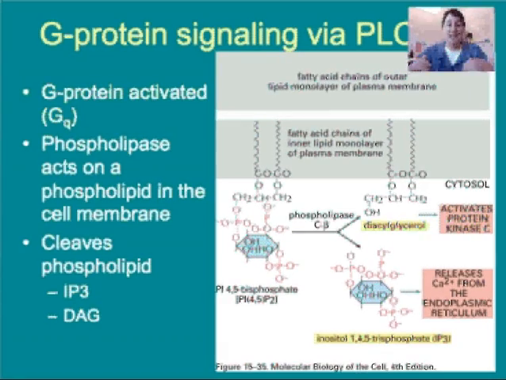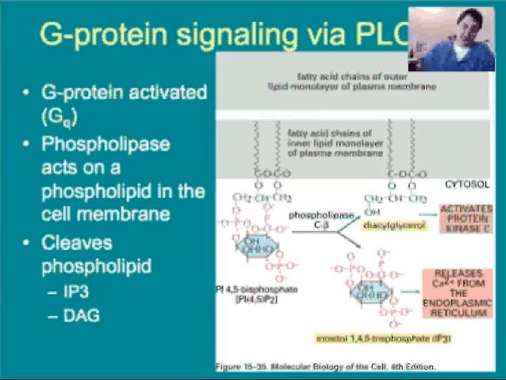PIP2 is a phosphoinositide that's found on the inner membrane of the plasma membrane. When it gets cleaved, it produces a soluble product, which is called IP3, or inositol triphosphate, and that can freely diffuse through the cell. You're going to see that it activates the release of calcium and diacylglycerol.